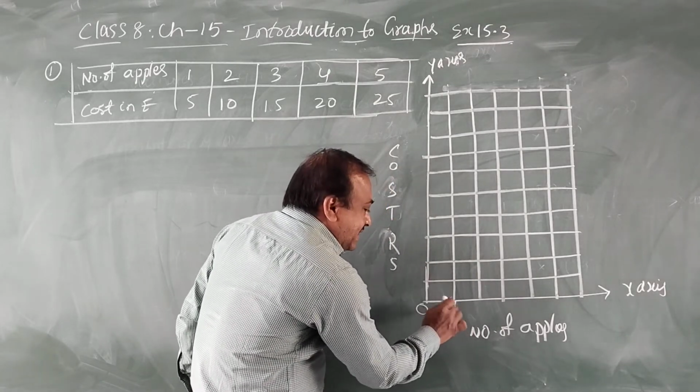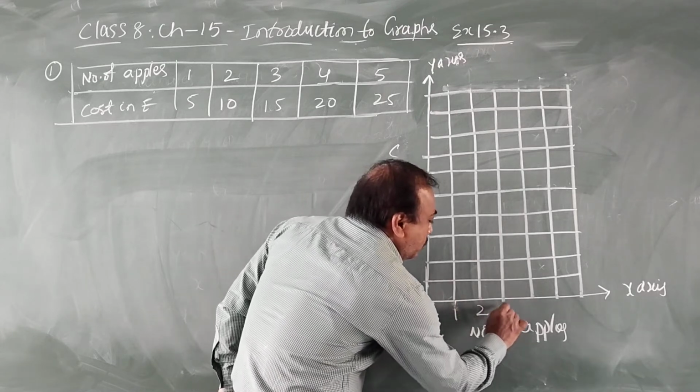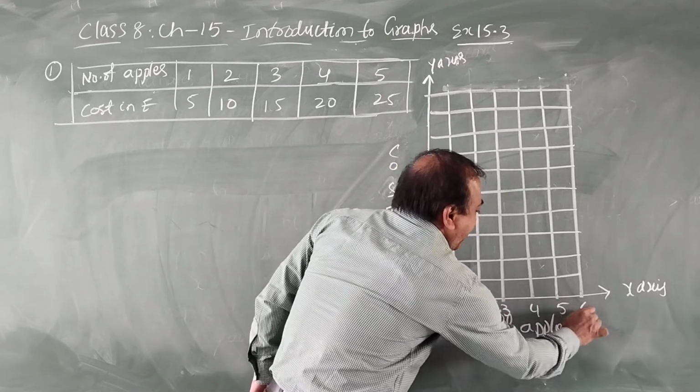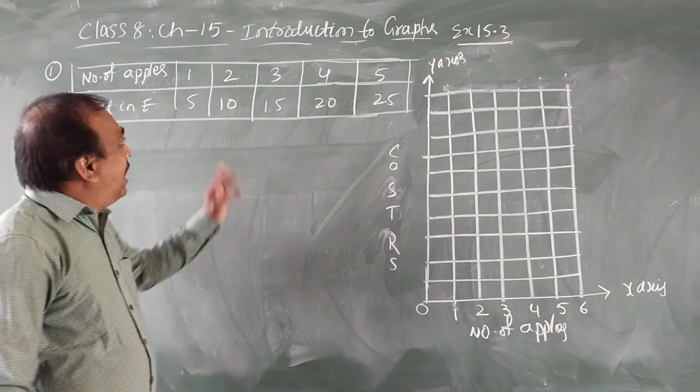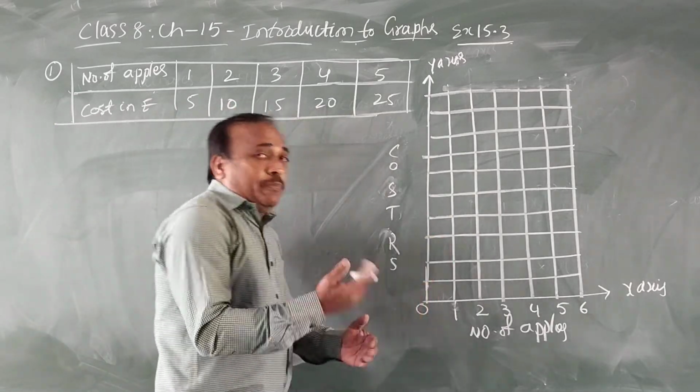Here on the x-axis we take 1, 2, 3, 4, 5, 6. These are the number of apples.